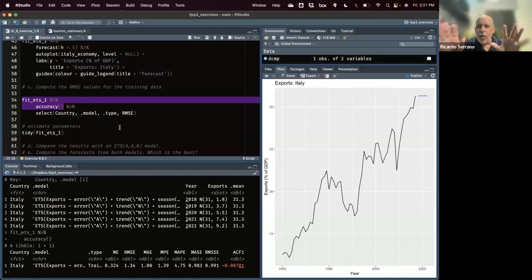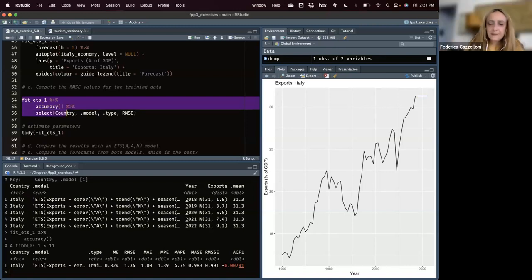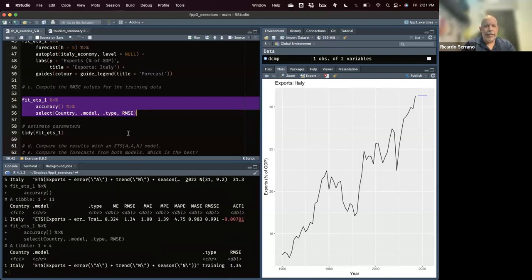Since we only want the RMSE, what I did was select the country, the model, the type, etc., to get some parameters. And then I get the RMSE, and the RMSE that I get on the training data, not on the forecast, is 1.34.